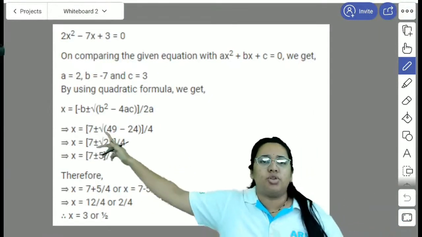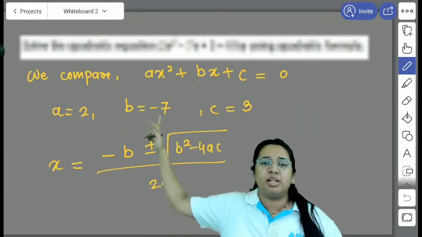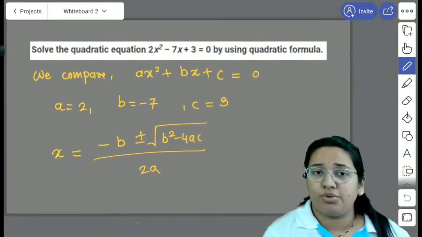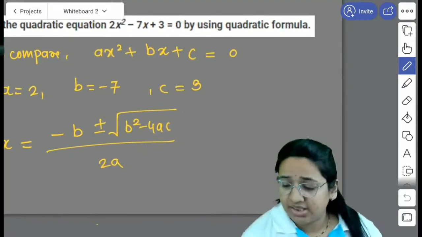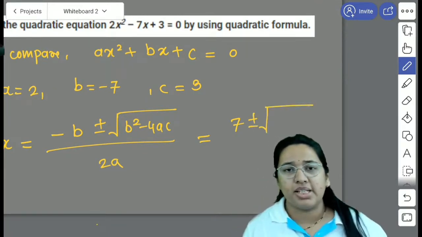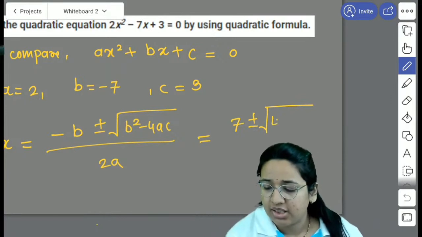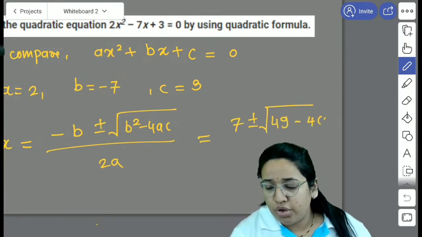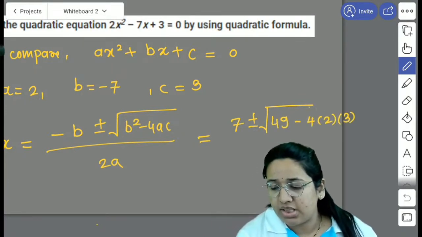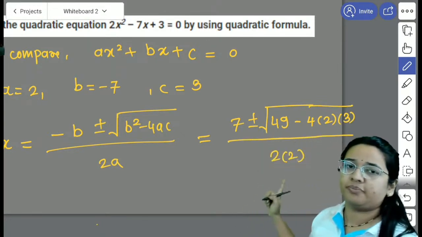So you just have to put all the values there. I can see that b is nothing but -7, but we have to consider minus of minus b. So there will be 7 plus or minus square root of b square; as the value of b is -7, b square will be 49, minus 4 times a into c, divided by 2 times a.